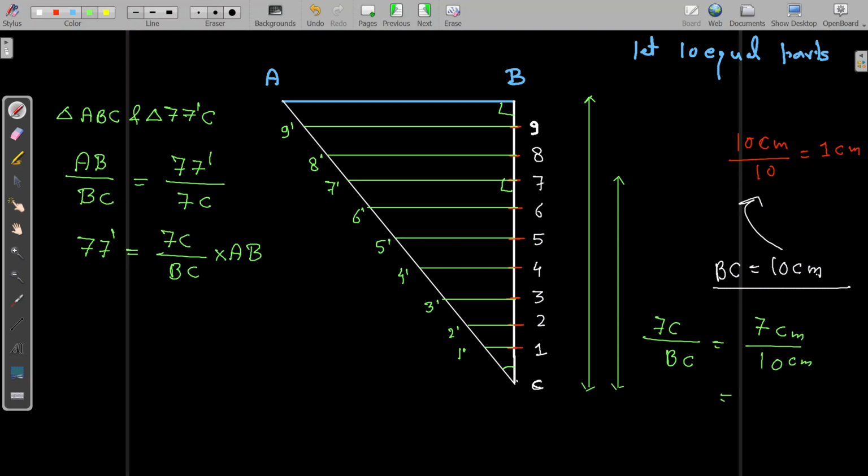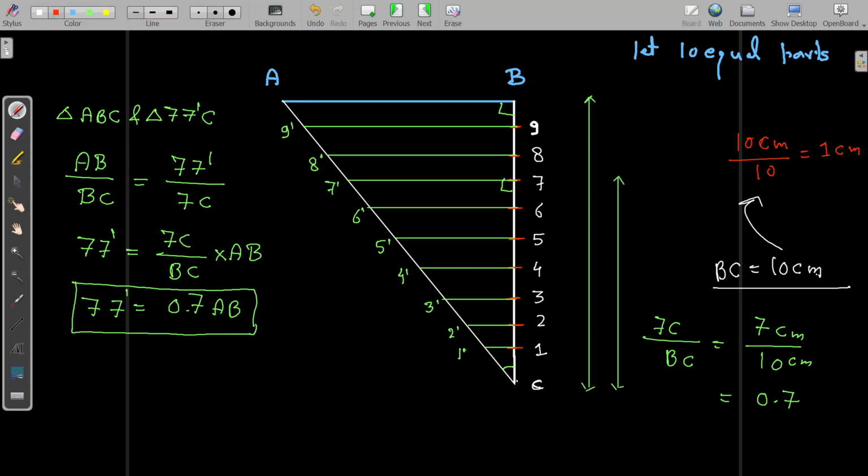So I can write this as 0.7. So 7, 7 dash will be equal to 0.7 of AB. This is one relationship, considering the 7, 7 dash C triangle.